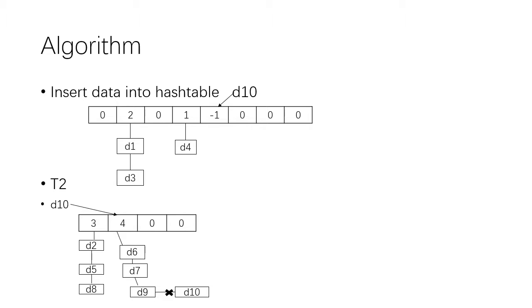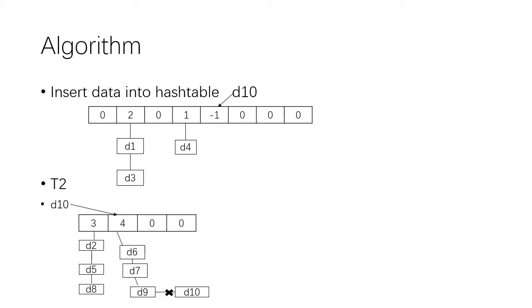In the next slide, assume we need to insert another data D10 into our hash table. Assume that it's still mapped to index 4 because we want to talk about the extreme case. So now we cannot insert into T1. So we go directly into T2.